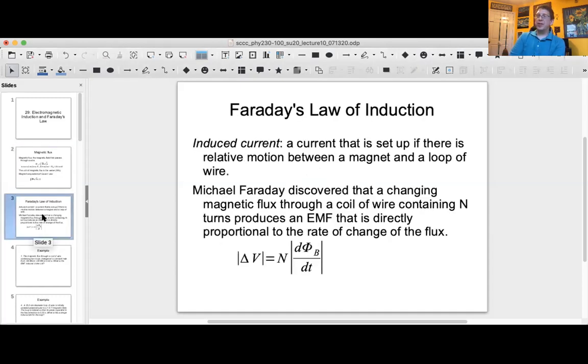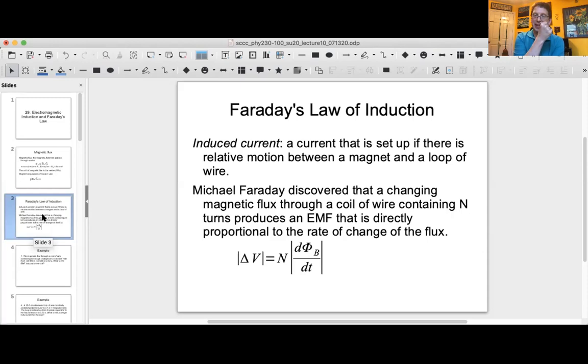So Faraday's law of induction concerns the magnetic flux through the plane of an enclosed loop of current. It could be a circular loop, a rectangular loop, or any sort of arbitrary shape, as long as it's enclosing a certain amount of area. We're interested in the magnetic flux through that surface.